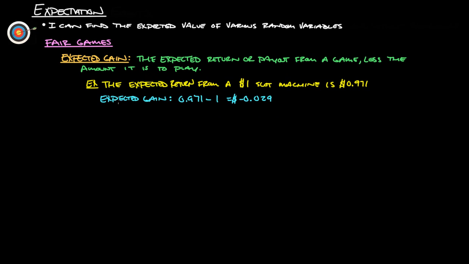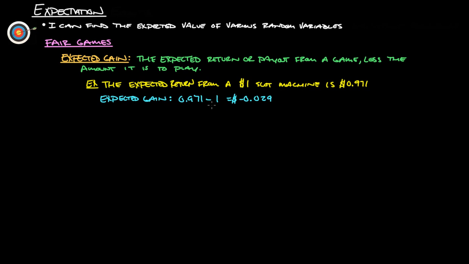Fair games and expected gain. The expected return or payout from a game less the amount it costs to play is what the expected gain is. So the expected return from a $1 slot machine is 0.971. The expected gain is 0.971 minus the amount it is to play.